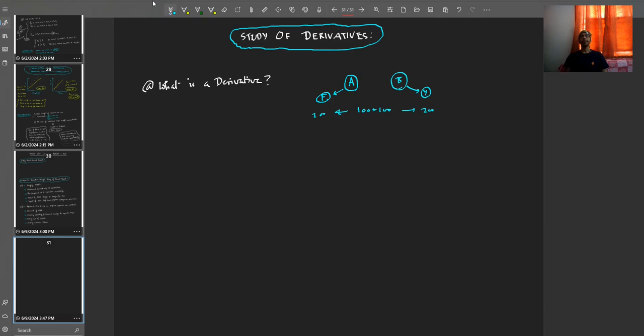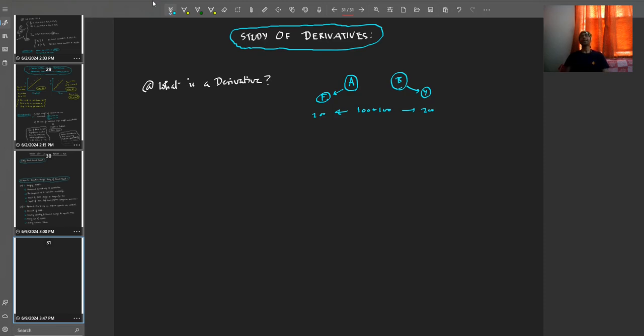Right? So, when we are talking about derivatives, this is basically a very simple kind of derivative, my friends. Because how a derivative is defined, let me tell you. Derivative is basically a financial instrument which derives its performance based on the performance of an underlying. Now, here what is the underlying?